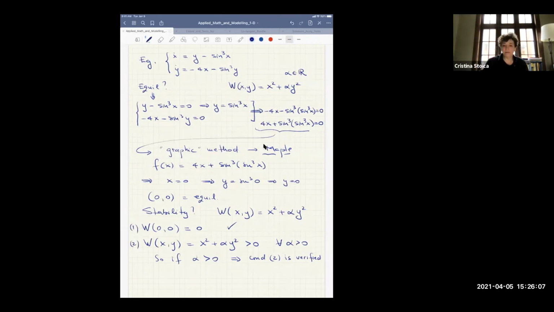And now we have to deal with the third one, which is the most delicate one, especially in this case. All right, so let's see what we have if we do dW/dt along the flow. So it's dW/dx times dx/dt plus dW/dy times dy/dt, yeah? And now we have to substitute. I have to flip the page.